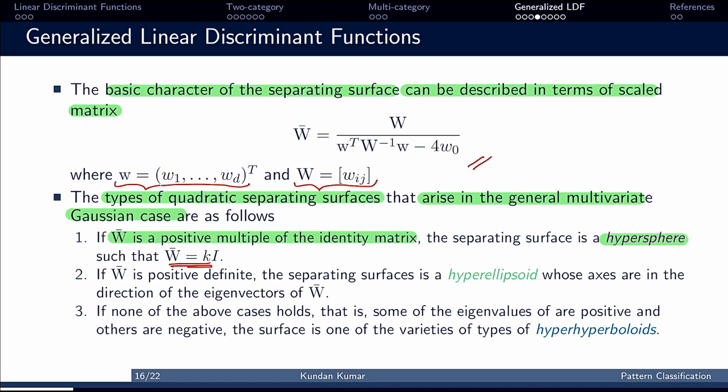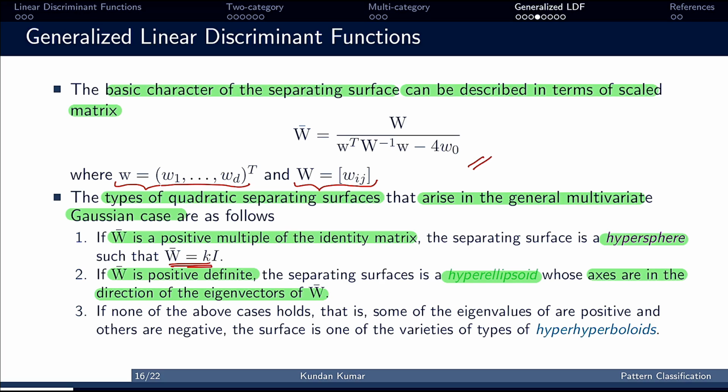Next, if the scaled weight matrix is positive definite, then the separating hypersurface will be a hyperellipsoid, where the axes are in the direction of the eigenvectors of the scaled weight matrix.